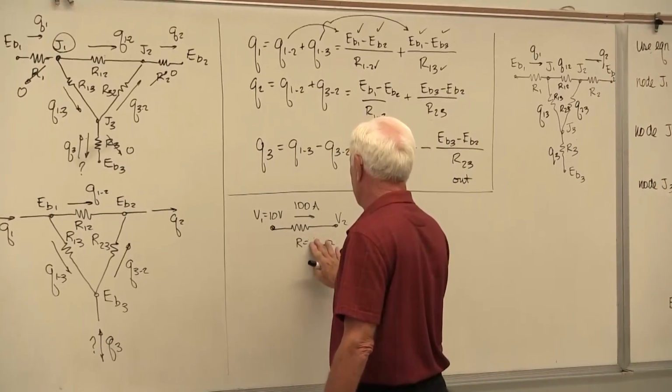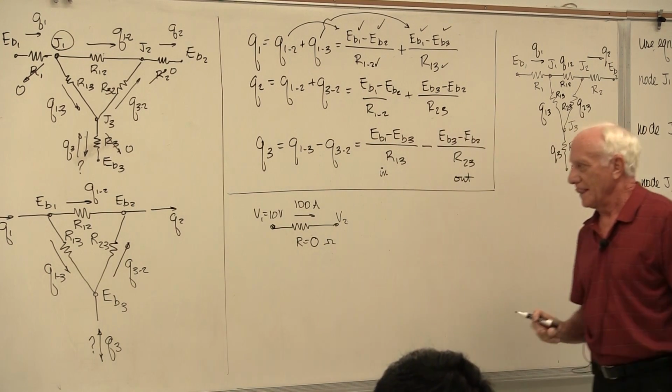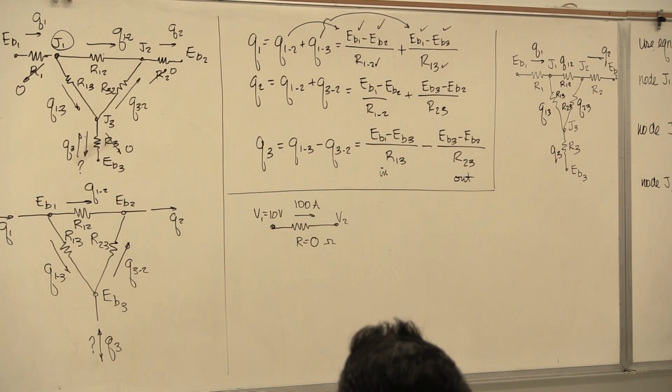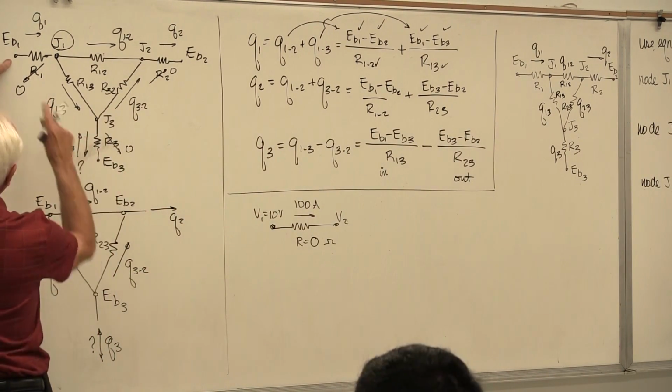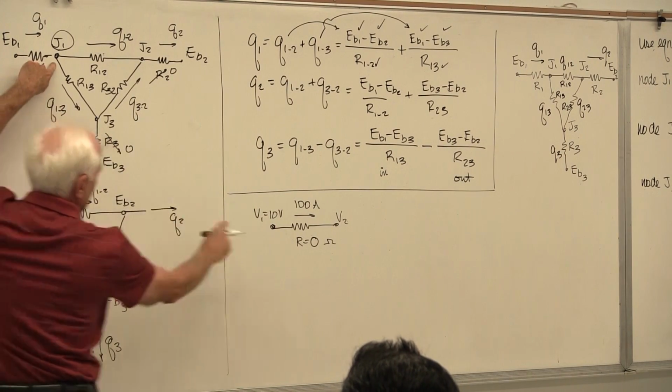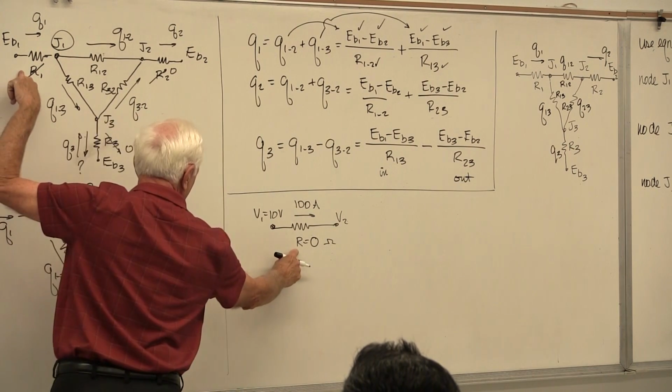This resistance right here is 0, not 50. You say, okay, what is V2? Now, look here. This is like V1, I know it. This is like J1, I don't know it. The resistance is 0, yep.